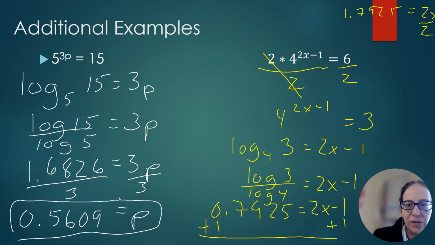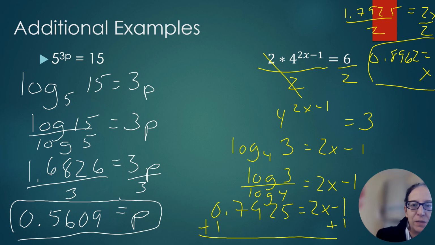And then divide both sides by 2. So add 1, divide by 2, and I have 0.8962 is equal to x. Sorry, I ran out of space.